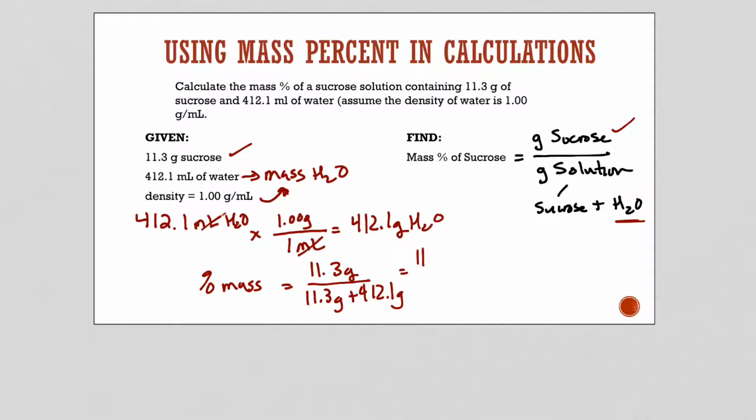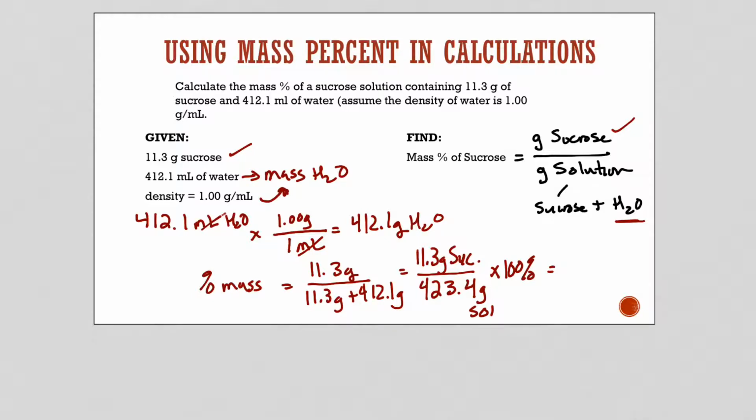So I get 11.3 grams of sucrose over 423.4 grams of solution, and of course times 100%.